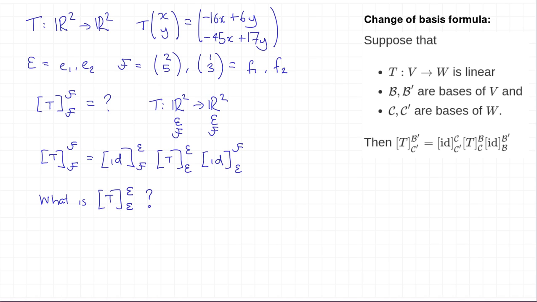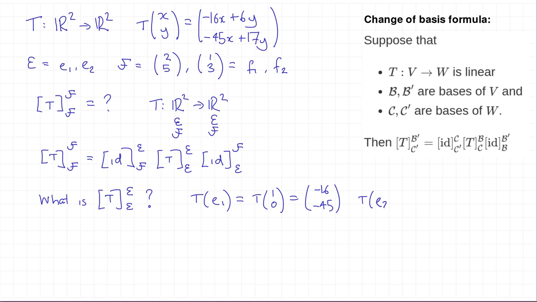You will remember how we work these out. What we have to do is to work out T of e1 as a linear combination of e1 and e2. That will tell us which numbers go in the first column of the matrix of T with respect to E. So T of e1 is T of (1, 0), which, when we work that out, is (minus 16, minus 45).